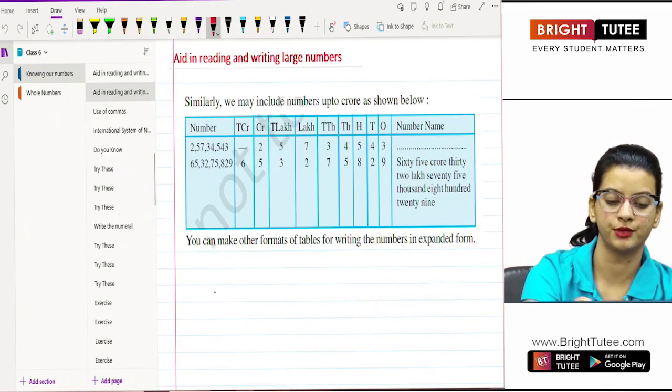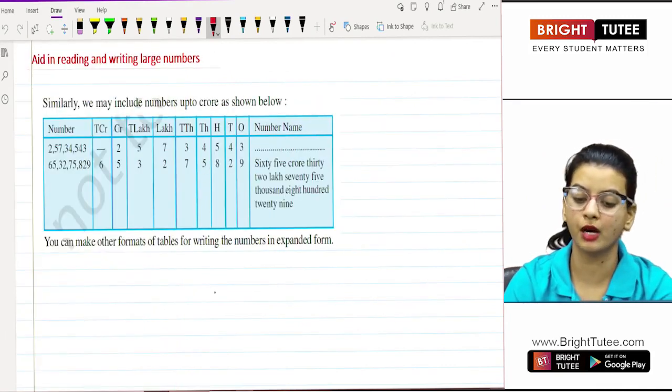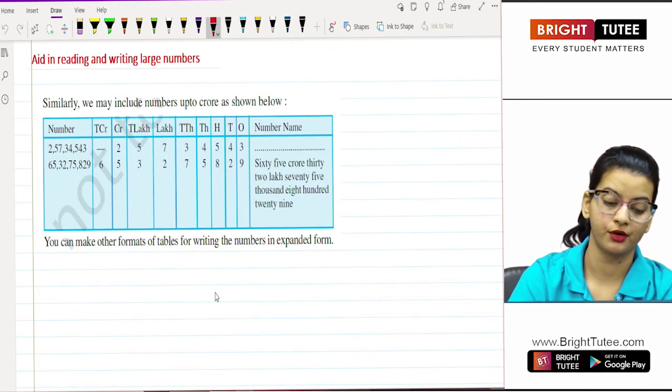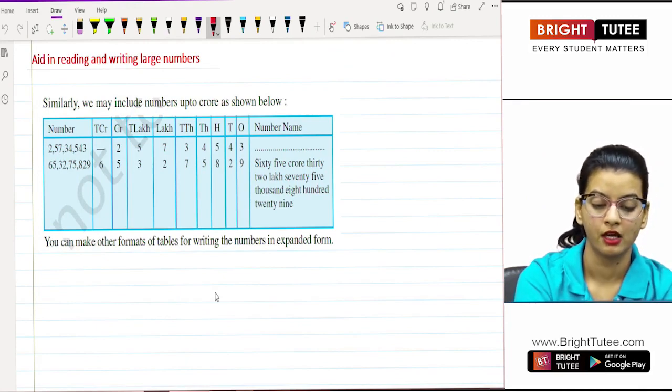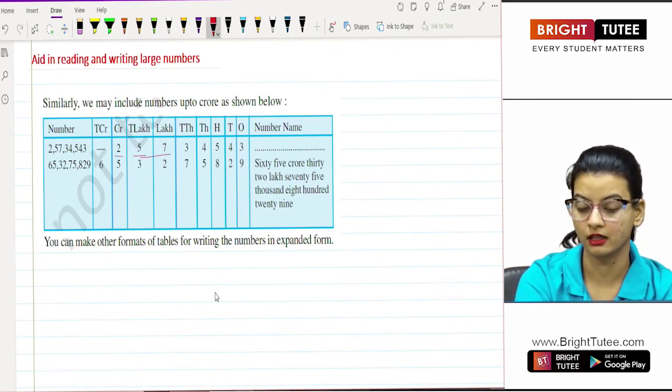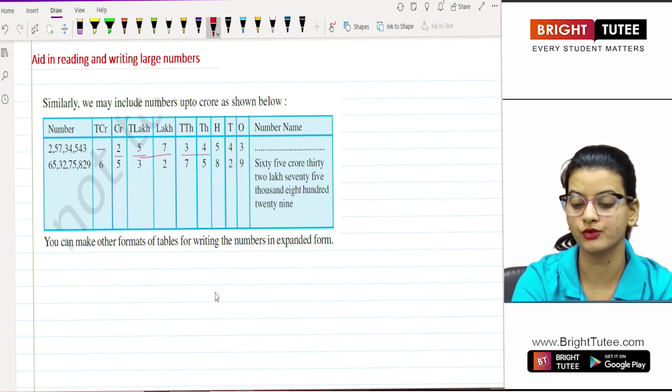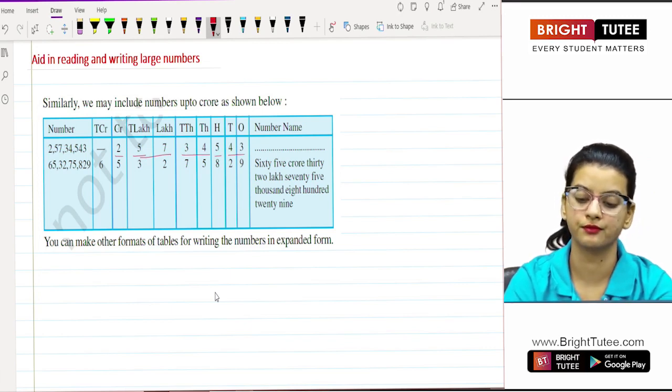Moving on to another example. Similarly, we may include numbers up to crore. Okay. So you can see over here, this is 2 crore 57 lakh 34,543.